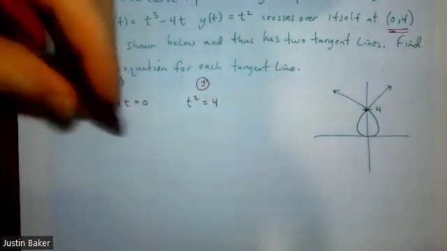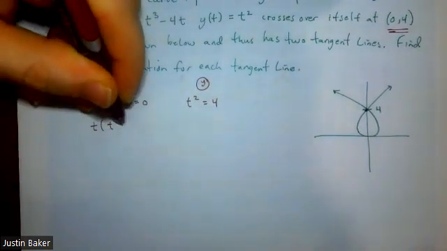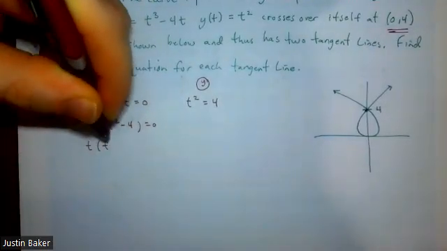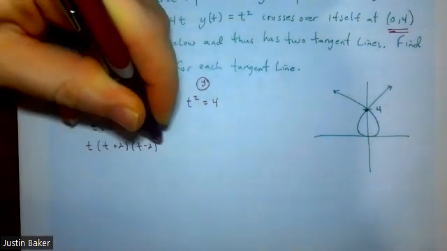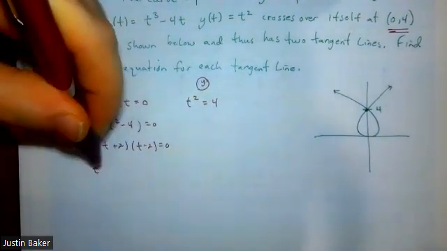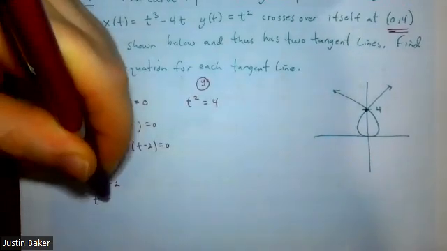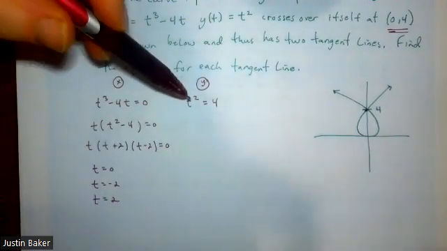What happens when we solve? We factor out the GCF, a t, and that leaves us with t squared minus 4. So that's t times, and then if we factor that into t plus 2, t minus 2, on the x side we come up with 0, -2, and 2. When we solve the y side, you can do this however you want.